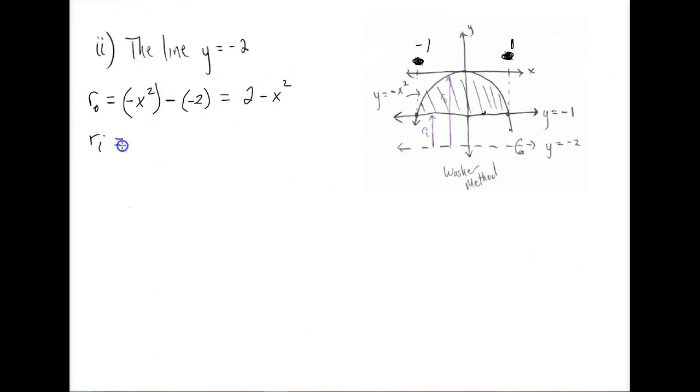The inner radius can be defined as the difference in between the curve y equals negative 1 and y equals -2, which is just -1 plus 2, which is 1. So, of course, you could also just interpret that the inner radius here, the distance from y equals -1 to y equals -2 is just 1.